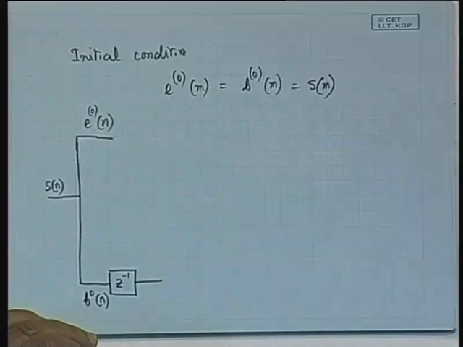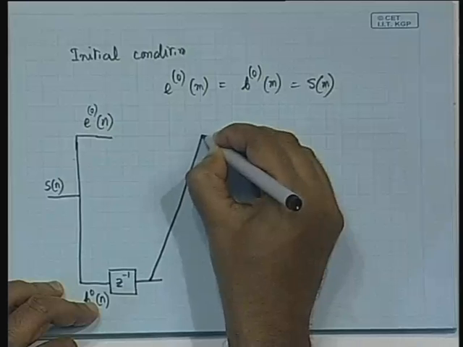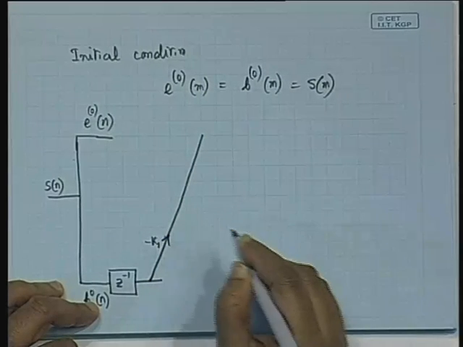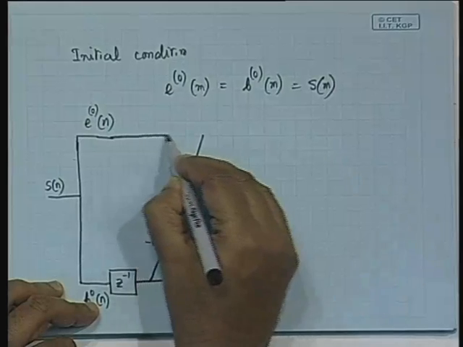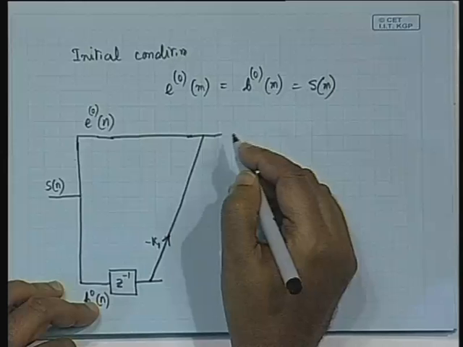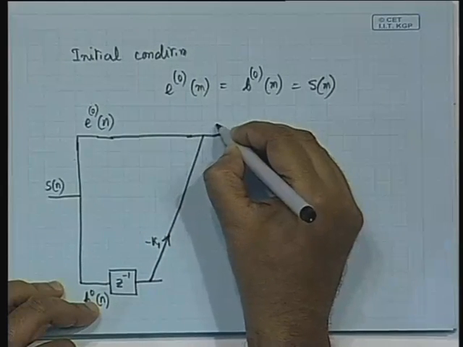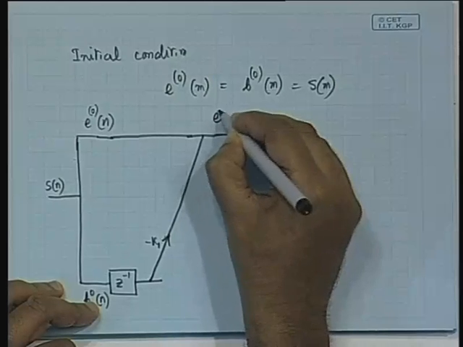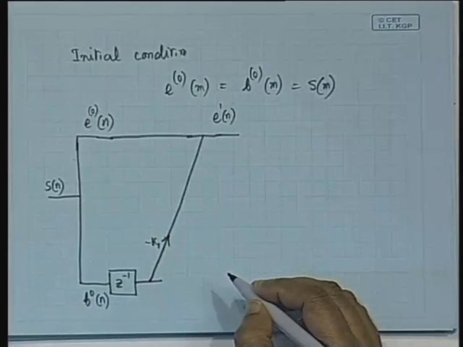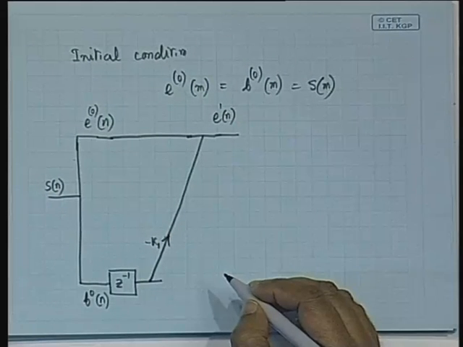So, we just multiply this by a coefficient minus k1, and then we are going to add up, right. So, if we add up, what results over here? E1 of n.